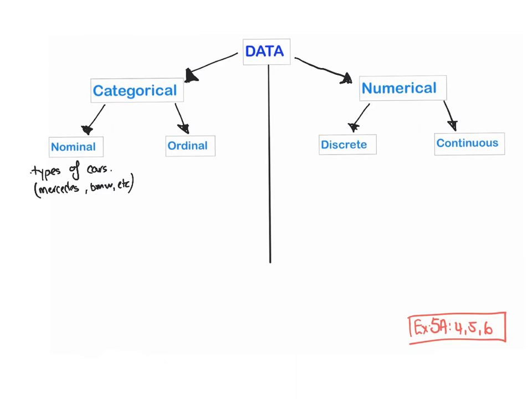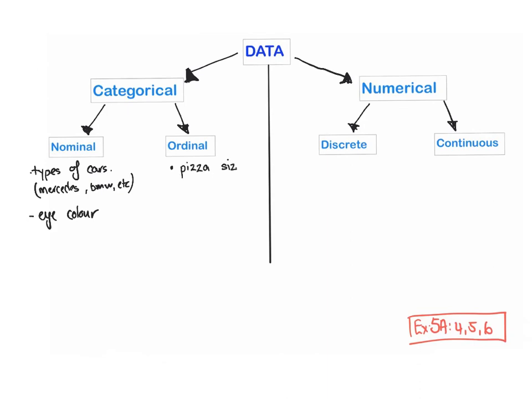Another type of nominal data: say I collected your eye colour. Say we just collected what everyone's eye colour was. There's no order in it, it's just a colour. So let's practice ordinal. An ordinal one could be pizza size.